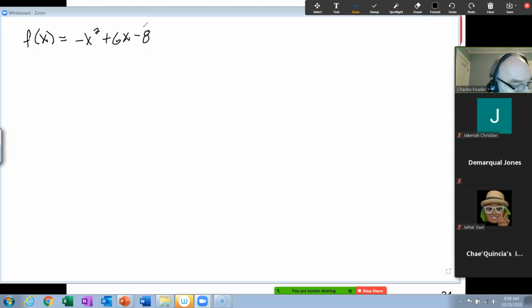There's the function we're supposed to sketch the graph. It says identify the vertex. We had already done that, and the x-intercepts. That's the part we hadn't done. So let's do a quick and dirty on what we did so far.